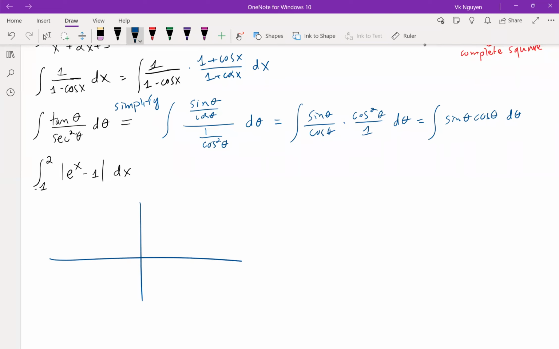We know this is the graph of e to the x, and e to the x minus 1. You just have to shift it down by 1 unit. And this is what it would look like.